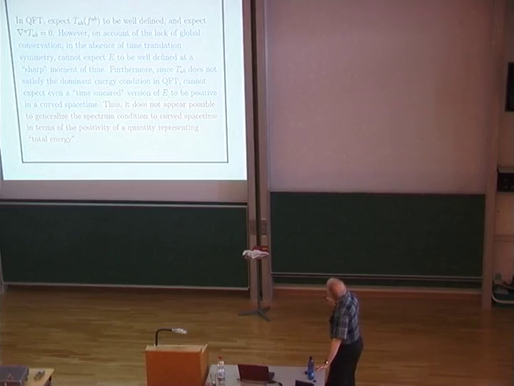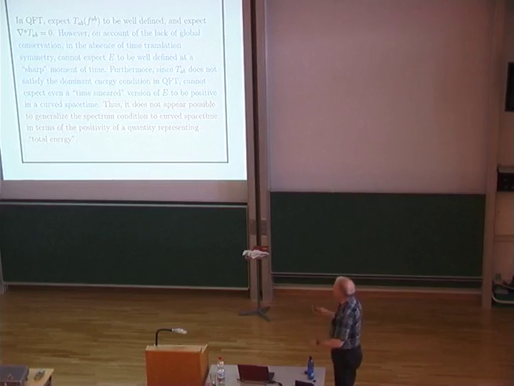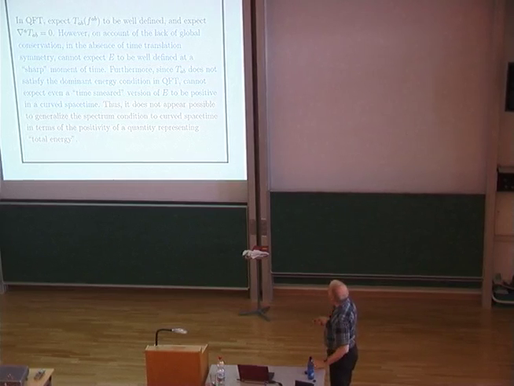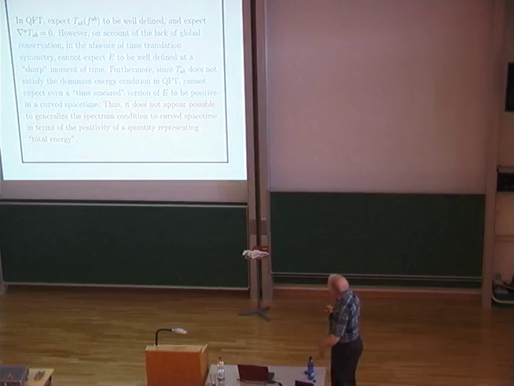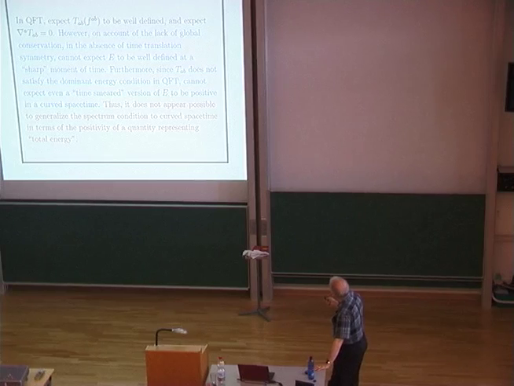But in a curved space-time, there's no reason to expect E to be positive. And indeed, there are simple examples of, for example, just in a 1+1 dimensional space-time with the spatial dimension made into a circle, you get Casimir-like negative energies in the ground state of the field, and you don't get positive energies.